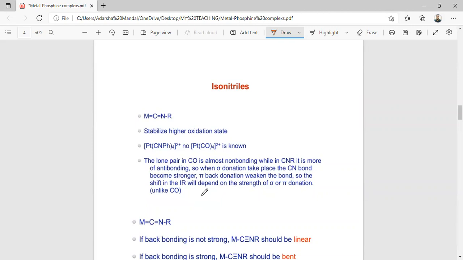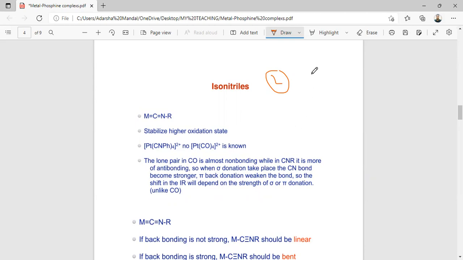It is an L-type ligand which closely resembles CO. Replacement of the oxygen atom of CO with the less electronegative N-R fragment gives the isonitrile, CNR, a ligand that is significantly a better electron donor than CO.